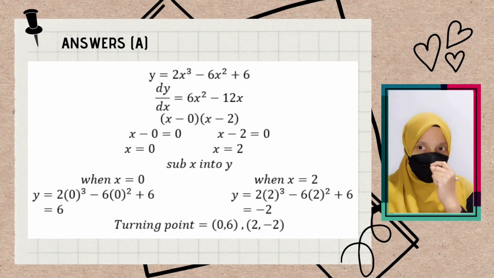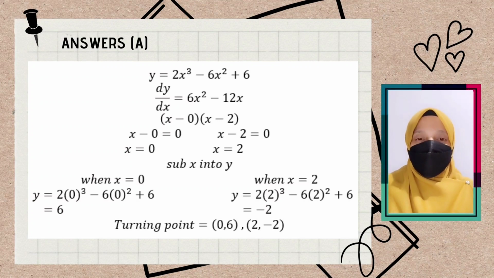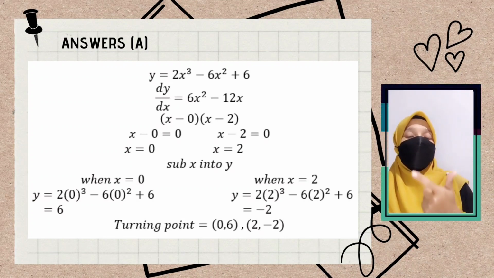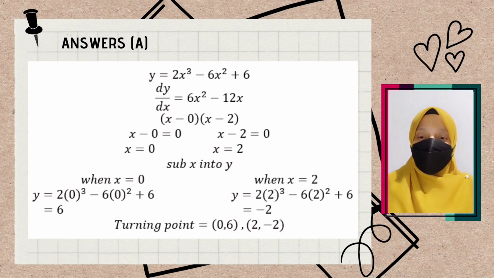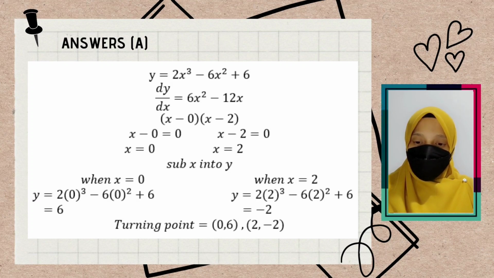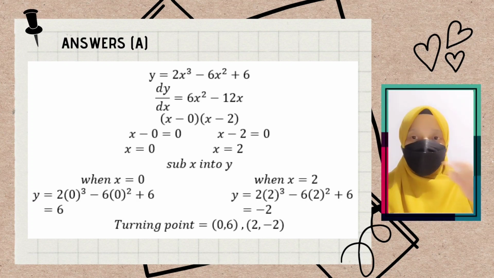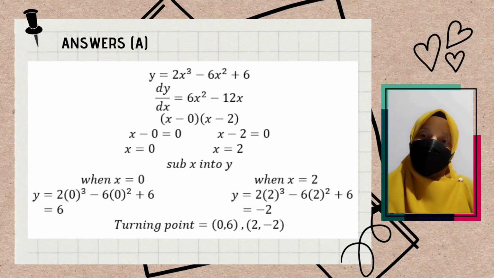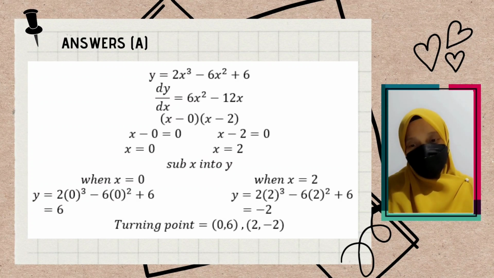After that, we substitute the answers into the equation, and we get two turning points: (0, 6) and (2, -2).